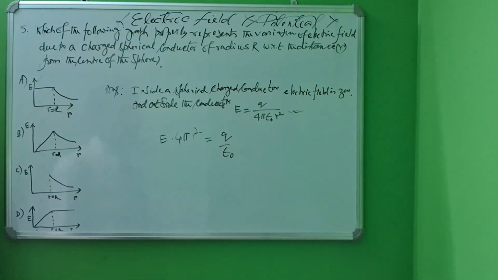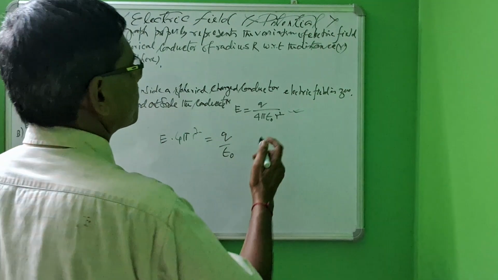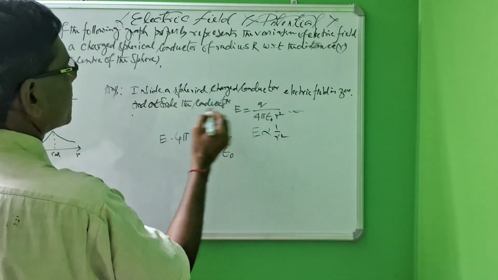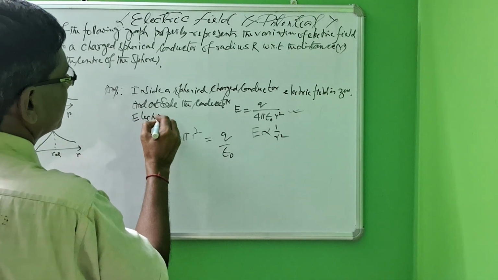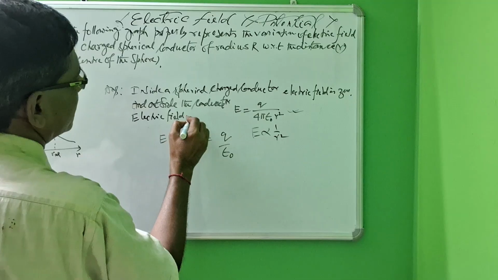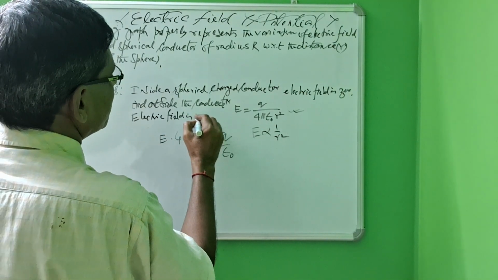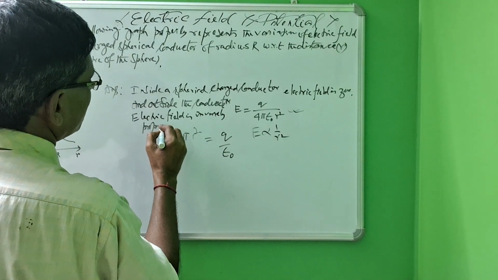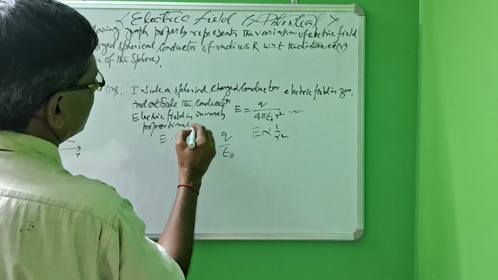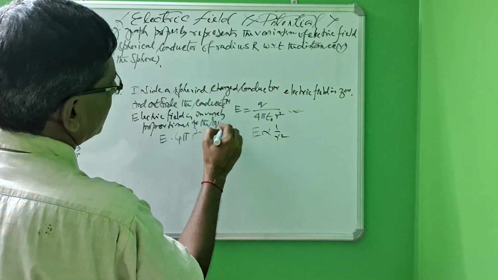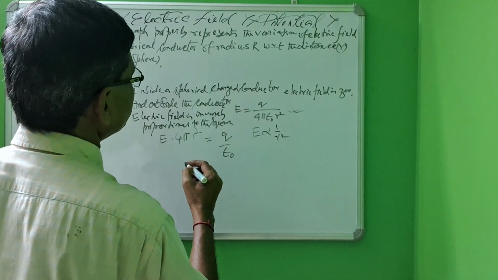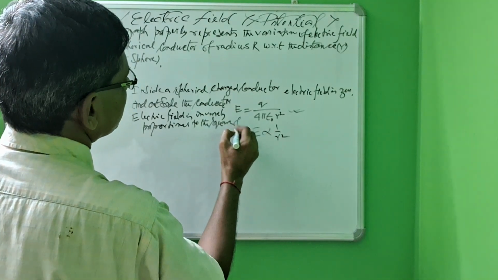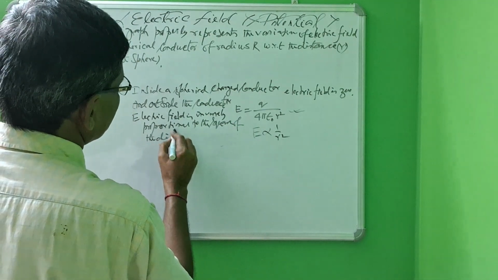So surrounding this you can write E equals this, but here E varies as 1 by r square, which means outside the conductor the electric field is inversely proportional to the square of the distance.